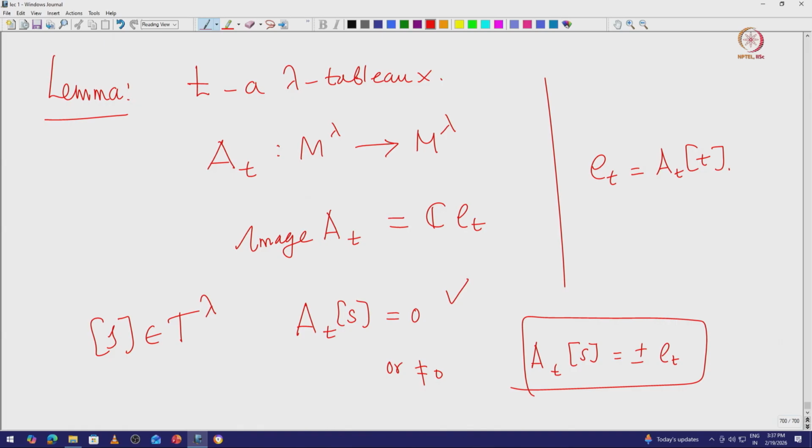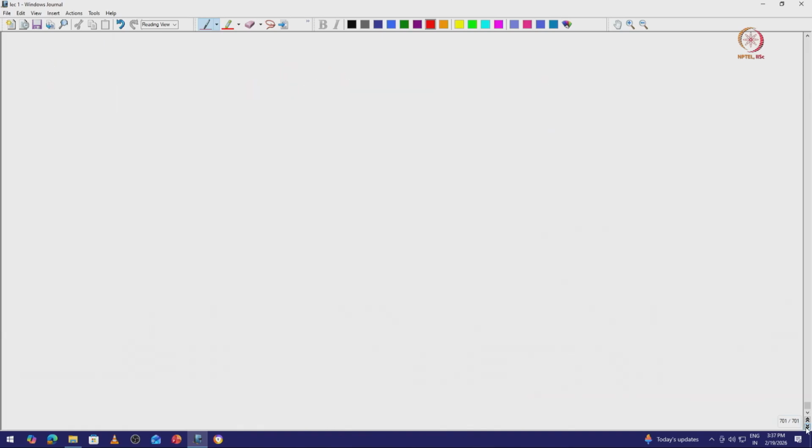So we have the inner product on m lambda. Now we are going to use that inner product. Recall m lambda is nothing but the C span of T lambda, and it comes equipped with an inner product which is Sn invariant, for which this T lambda is an orthonormal basis. Moreover, the representation phi lambda is unitary with respect to this product. So that we fix.